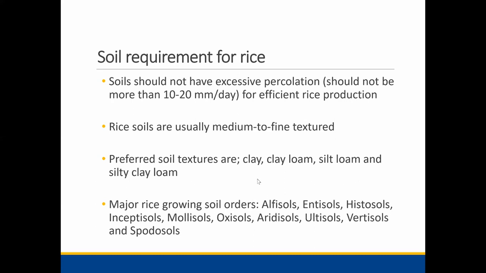Based on them, we group soils based on similar characteristics. One of the standard ways we classify is based on soil orders. This classification is used internationally, developed by the United States Department of Agriculture, USDA. So that is applied everywhere in the world. We call them soil orders.